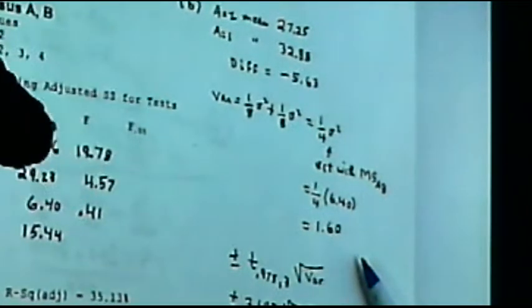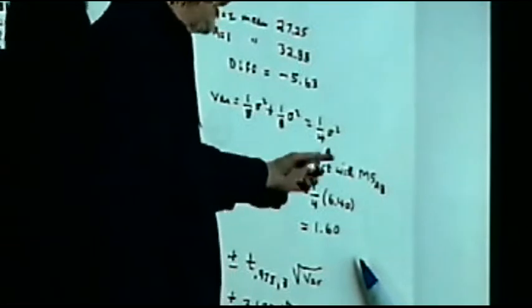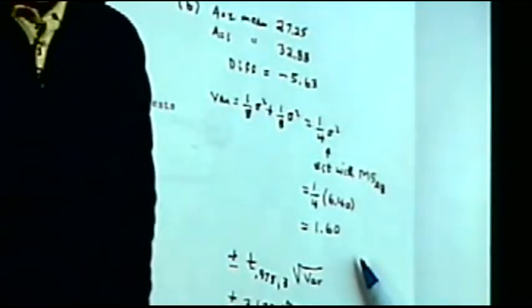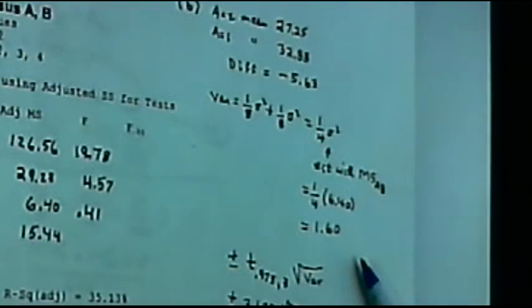So I carried that idea over into the confidence interval and used mean square AB as the estimate of that sigma squared. That's kind of a weak reason, but I don't know of any stronger reason to give you than that.